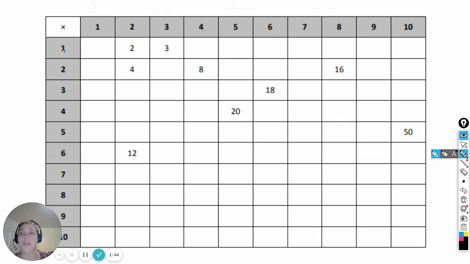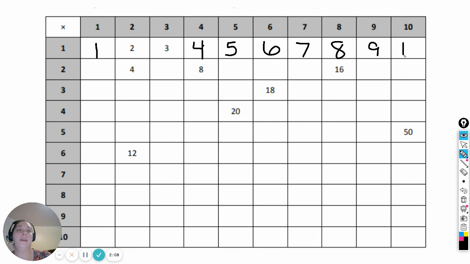First, row 1, where we're just skip counting by ones, which isn't really skip counting, it's just normal counting. 1, 2, 3, 4, 5, 6, 7, 8, 9, 10.